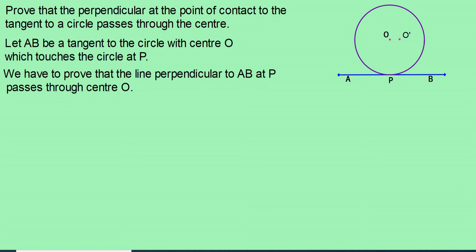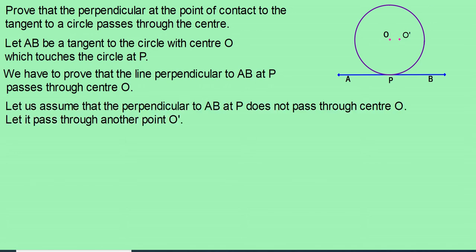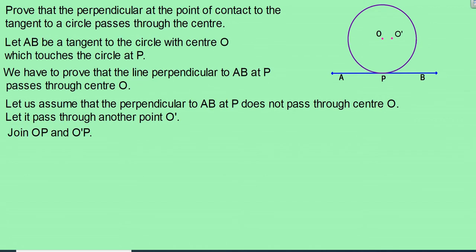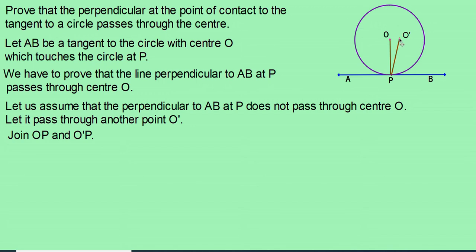Let us assume that the perpendicular to AB does not pass through the center O. Let it pass through another point O dash. Join OP and O dash P. Here we assumed that O dash P, the perpendicular through P, passes through O dash.